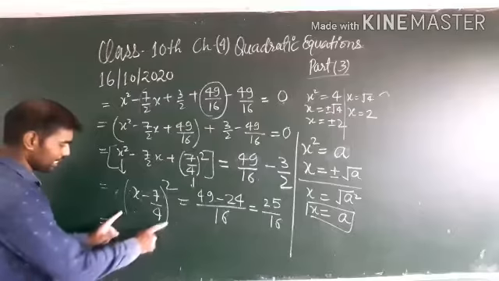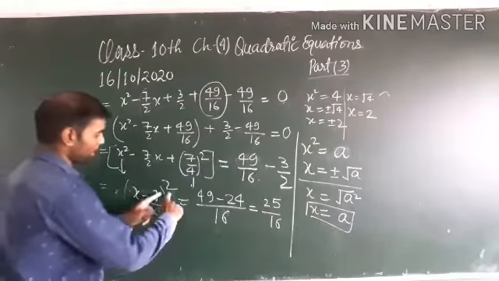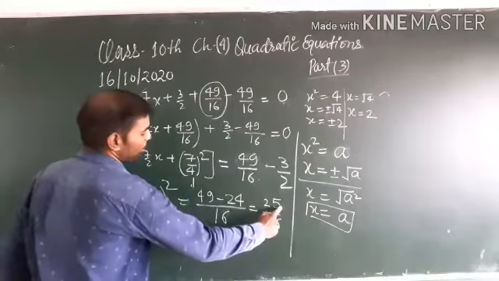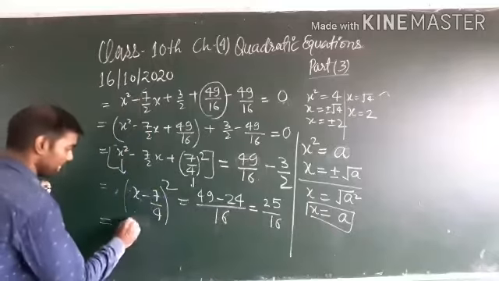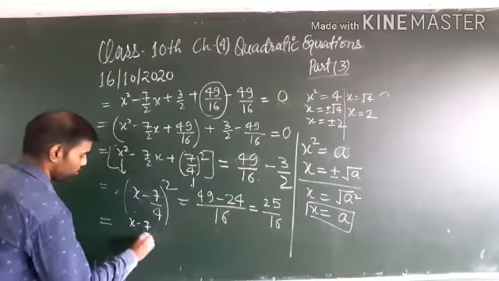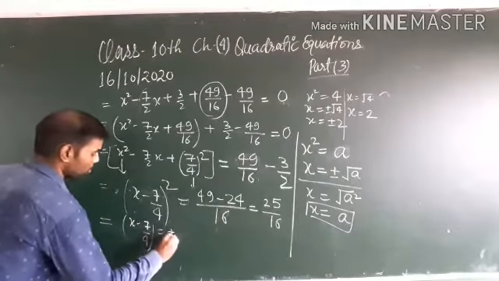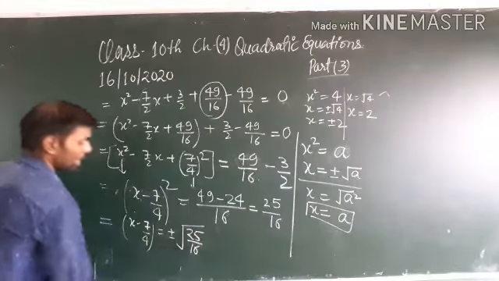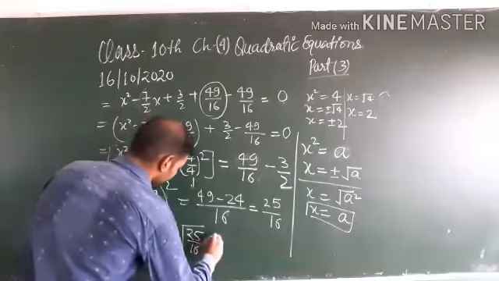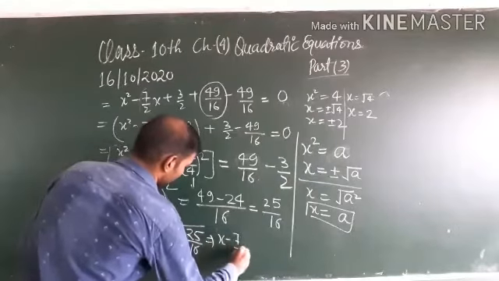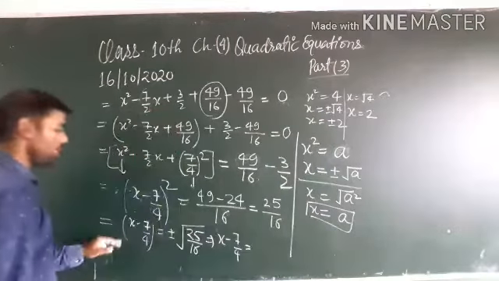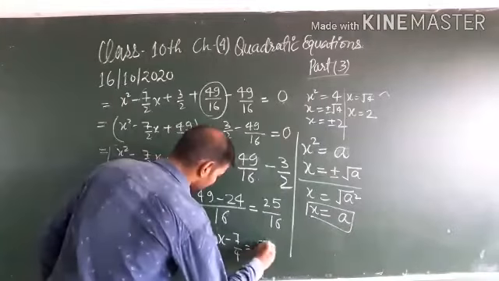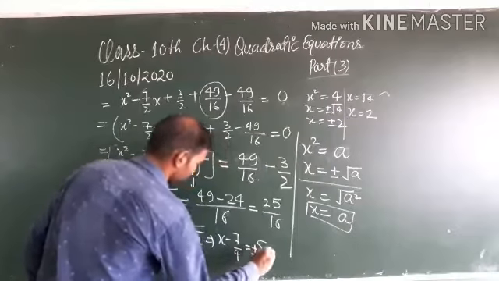Now you can see easily x minus 7 by 4 whole square is equal to 25 upon 16. So we write x minus 7 by 4 is equal to plus minus square root 25 upon 16.